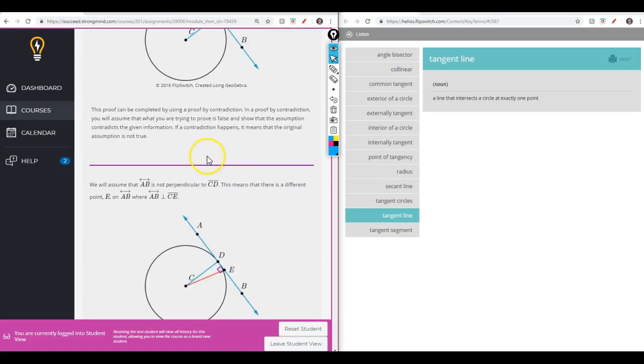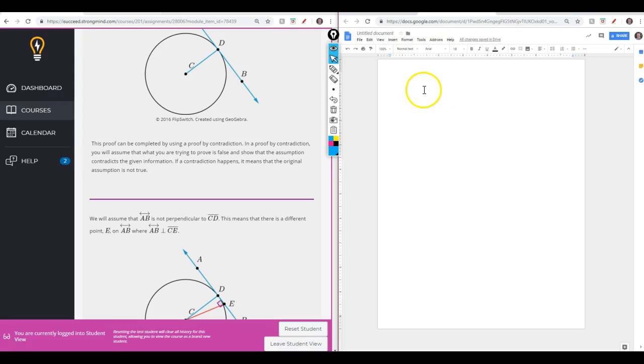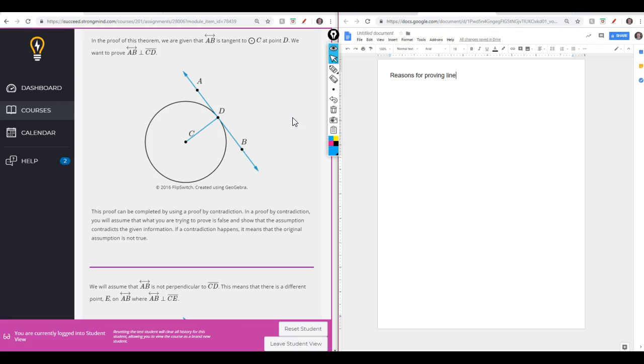So I'm going to scan through the paragraph proof, and I'm going to have a document open, and I'm going to title this reasons for proving a line tangent to a circle, and the radius at the point of tangency is perpendicular.